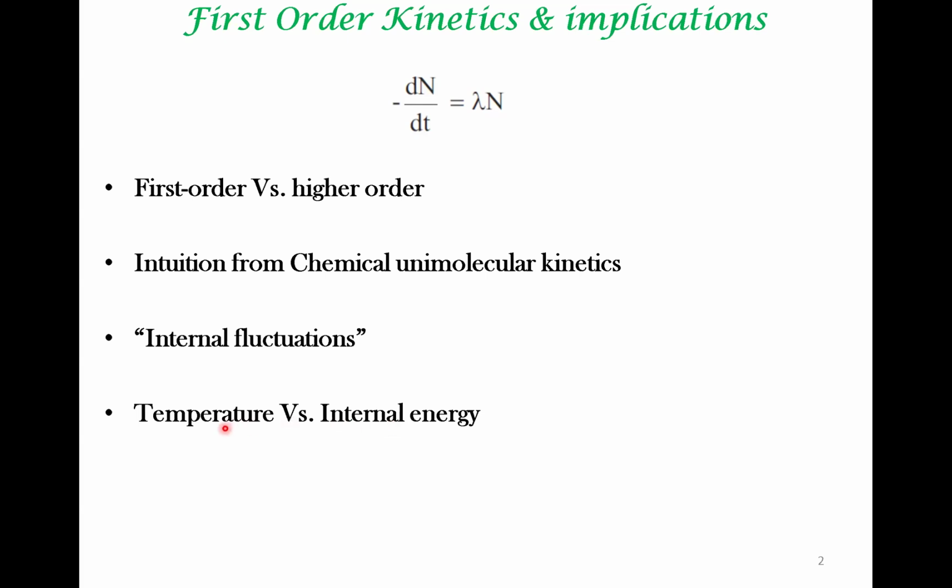So, what is the take home message here? Temperature is indicative of average internal energy, but at a given moment, the internal energy can be above or below this average. So, in the case of unimolecular kinetics, you may anticipate the propensity for a reactant to go to the products is greater if the energy fluctuation is such that energy is more than the average energy. So that may give you a propensity to transform the reactant to product.